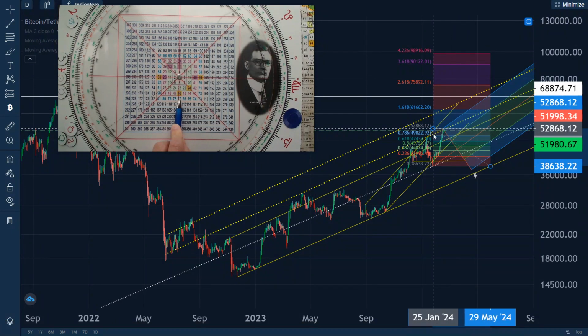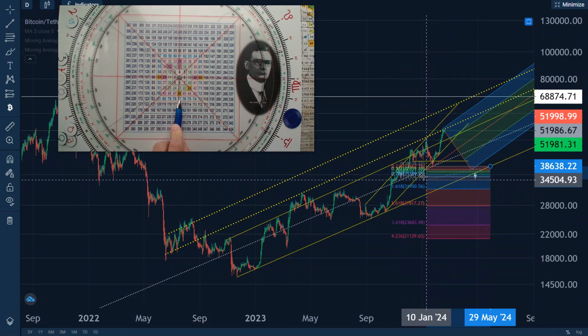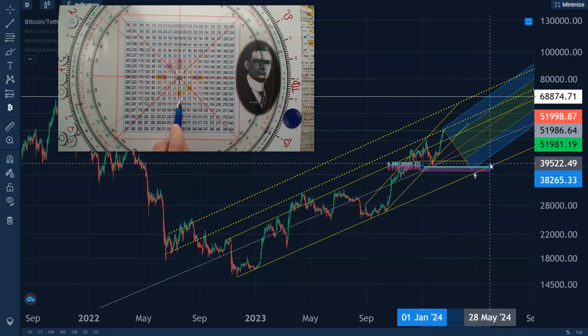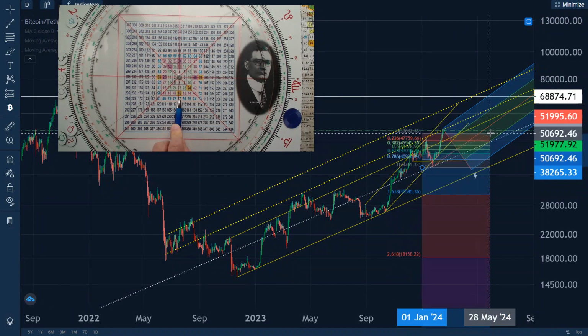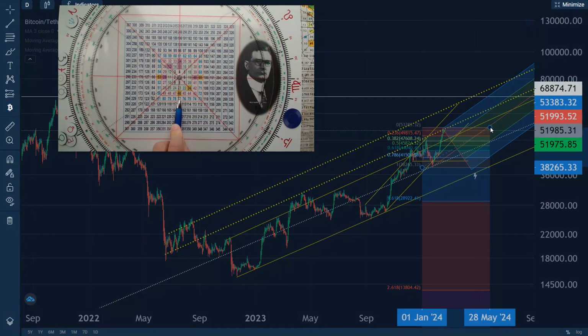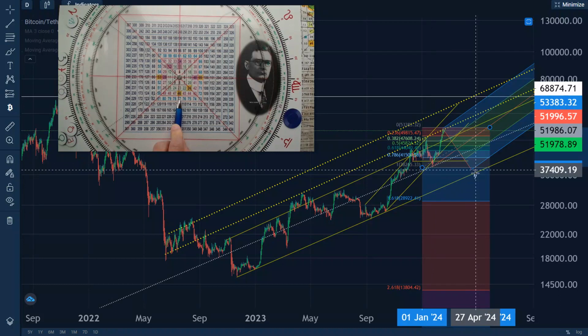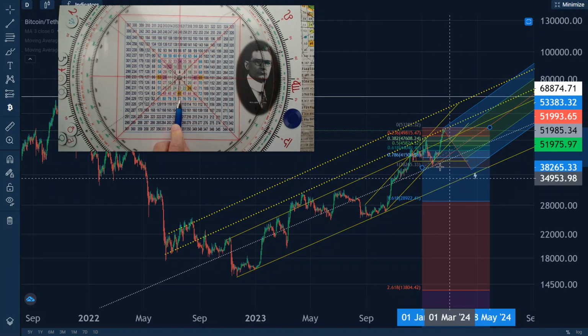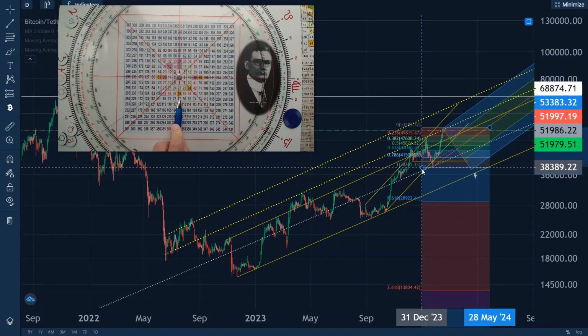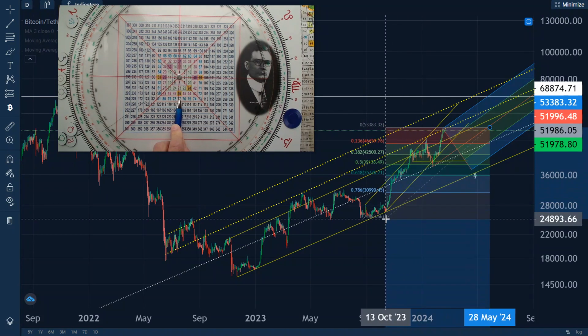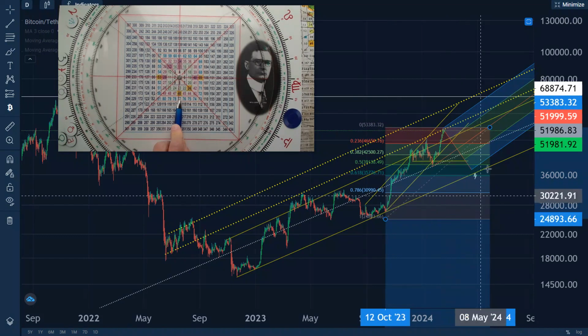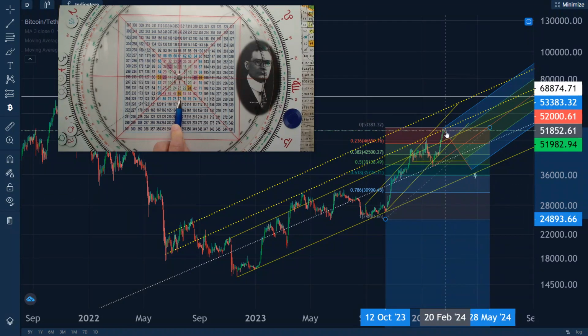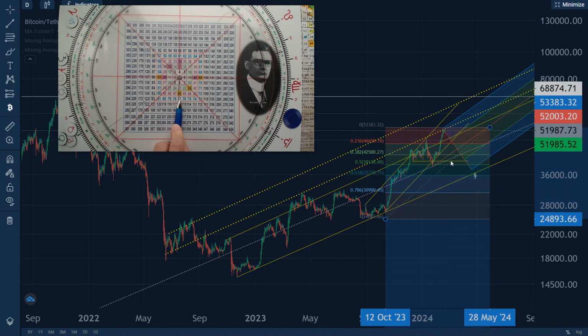So let's take this and bring it down to here, and bring this back up to here, and see on a reverse what we could see. Our 0 point here and our 618 would be at 28. That's a pretty long way down. Let's stretch this down to our old bottom, right here.